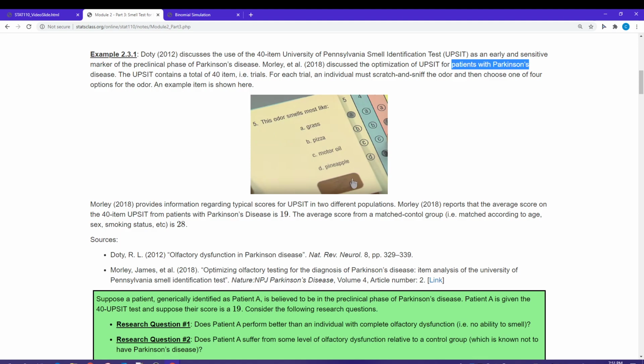They are asked to scratch this little area and smell, and then they are to identify which of the 4 items listed there it smells like. There are 4 options on every single index card on that smell test. Those 4 options are going to be important because we're going to use that when we develop our reference distribution.